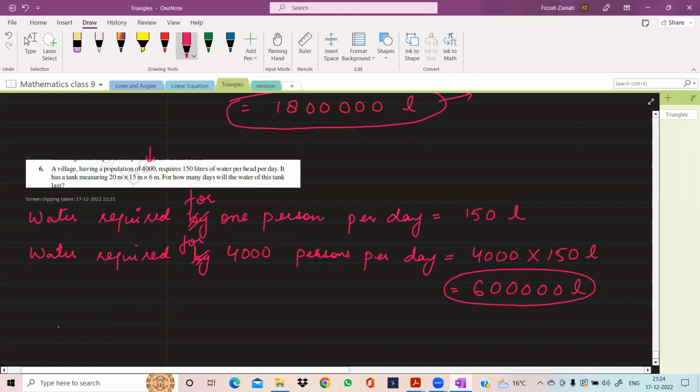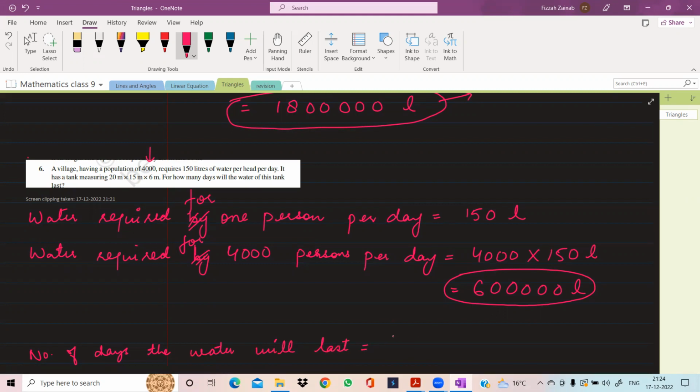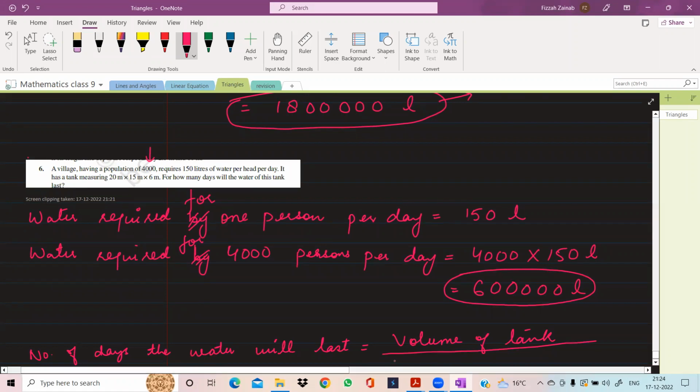So number of days the water will last is equal to the total volume of the tank divided by water required per day. Understand?